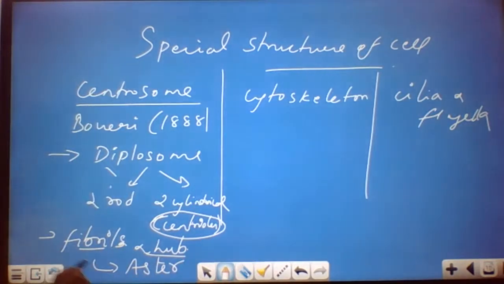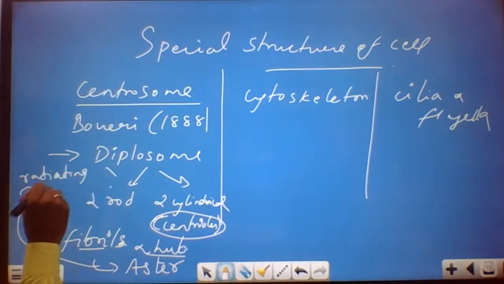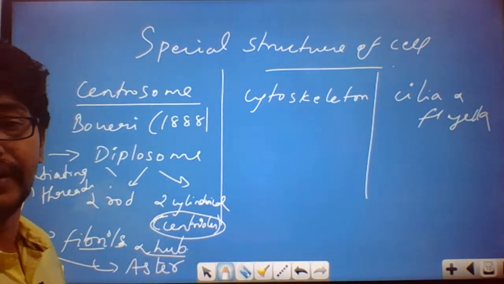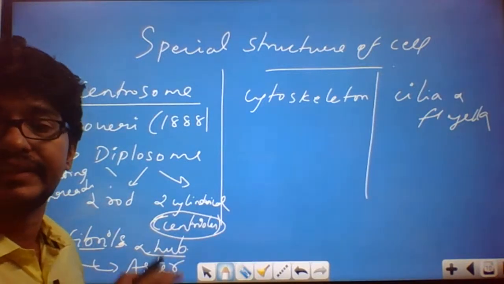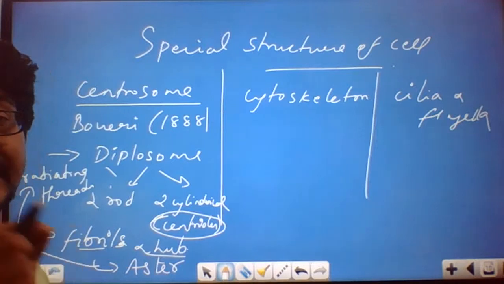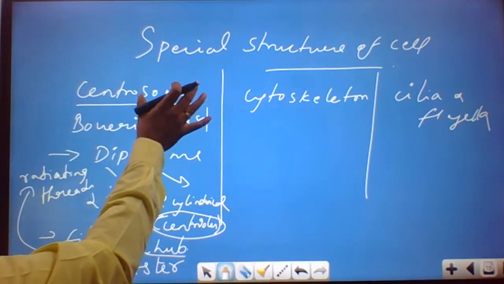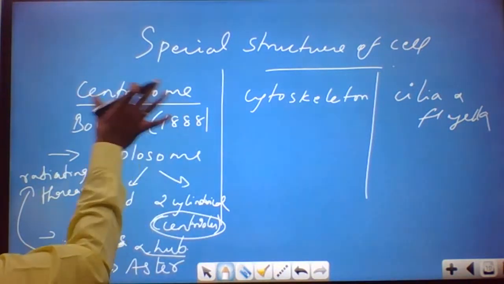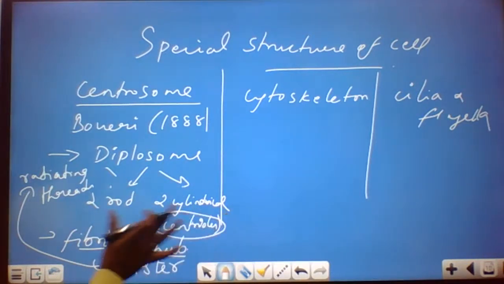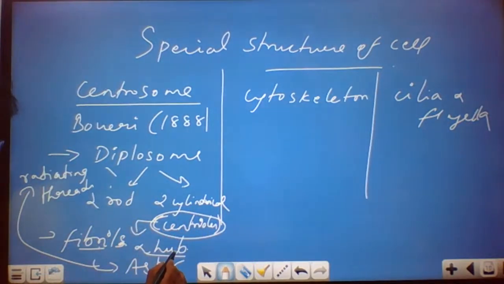These radiating threads are called aster. This area is very important, because when you study mitosis and meiosis, you will study the spindle fibers, the centrioles and the structure. The centrosome is called a diplosome, which consists of two rods and two cylindrical parts. The two cylindrical parts are the centrioles. These centrioles consist of the fibrils and the hub region.